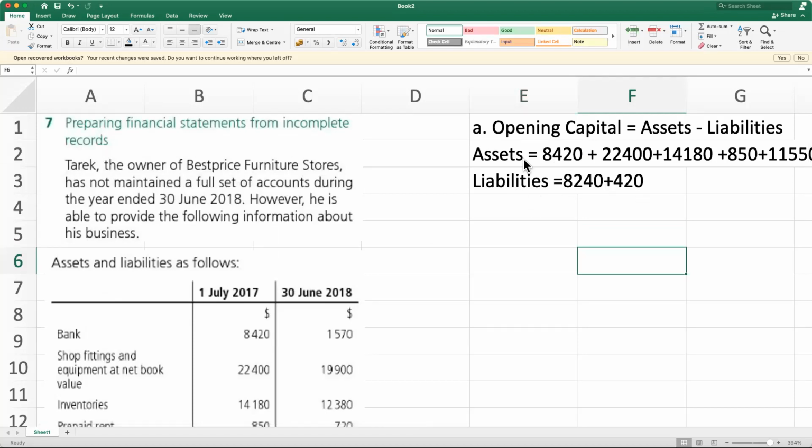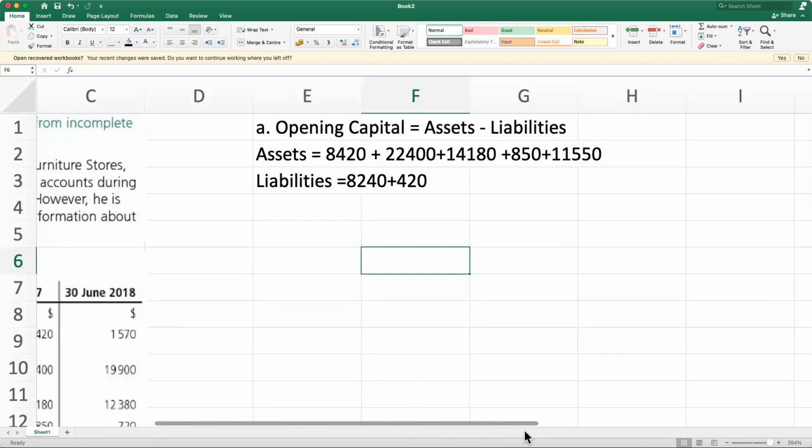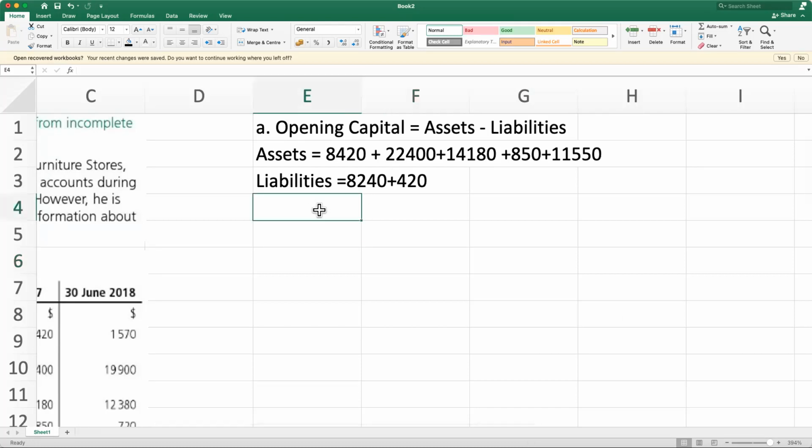My total assets are 8420 plus 2,400 plus 14180 plus 215 plus 1,550, which gives 57,400. And my liabilities should be 8240 plus 420, which is 8660.